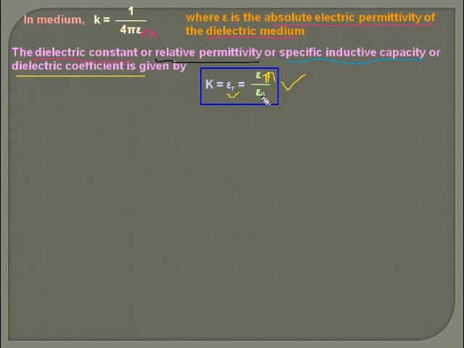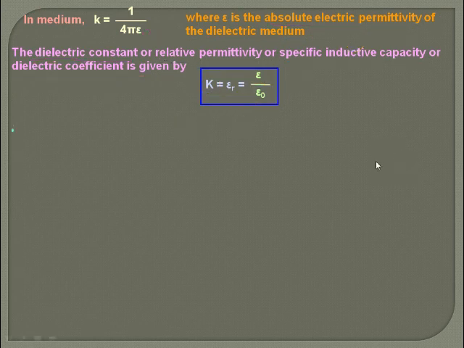I hope you understand: the ratio of the electric permittivity of the medium to the permittivity of free space is called relative permittivity, or dielectric constant, or specific inductive capacity, or dielectric coefficient, or it is also denoted by the letter K. So what is the use of these terms?